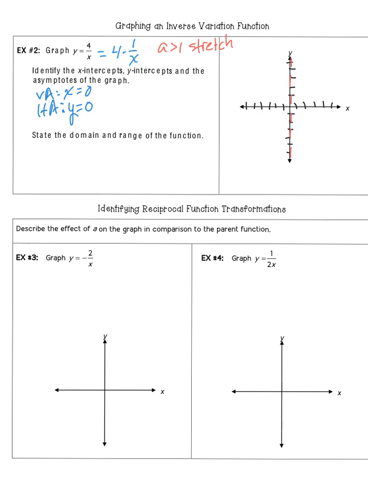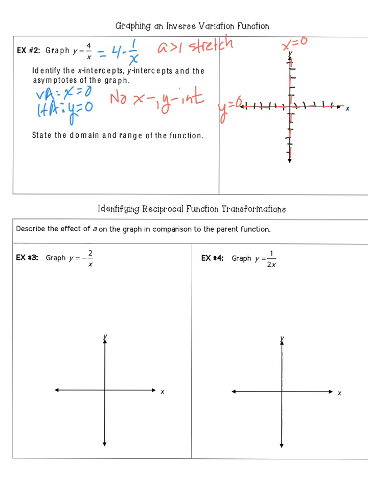You should be using a straight edge. I don't get that pleasure. And then this is going to be our horizontal asymptote. All right, so then I'm going to plot our stretch. Now, since our asymptotes are the x and y axes, we are not going to have any x or y intercepts. So no x or y intercepts.